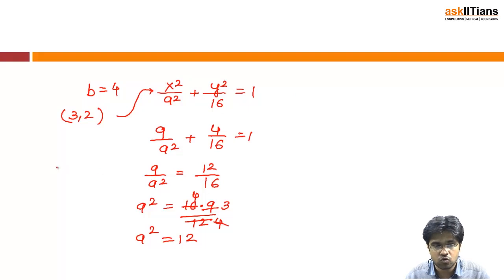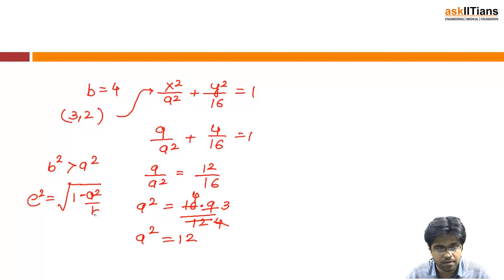So I got a square, I got b square. Now one thing to note down is that b is greater than a. That means our formula for eccentricity is going to change. The eccentricity that I am going to write down is e is equal to square root of 1 minus a square by b square.